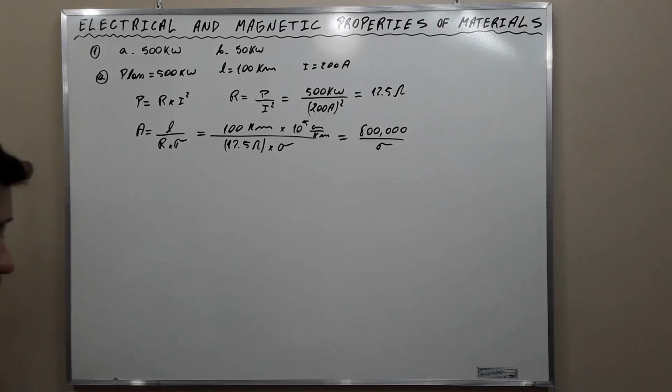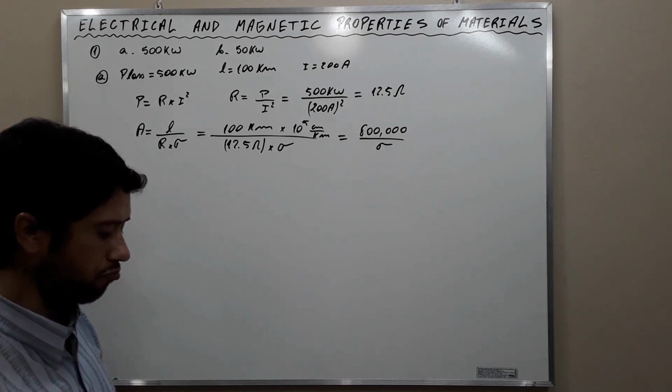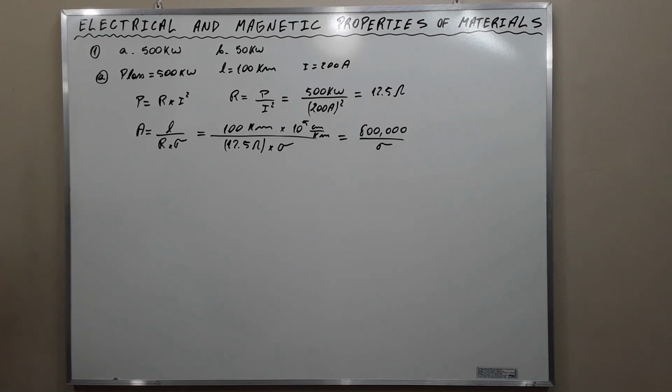To design the cable, we are going to consider some metals. Let's consider three metals that have excellent electrical conductivity: aluminum, copper, and silver.